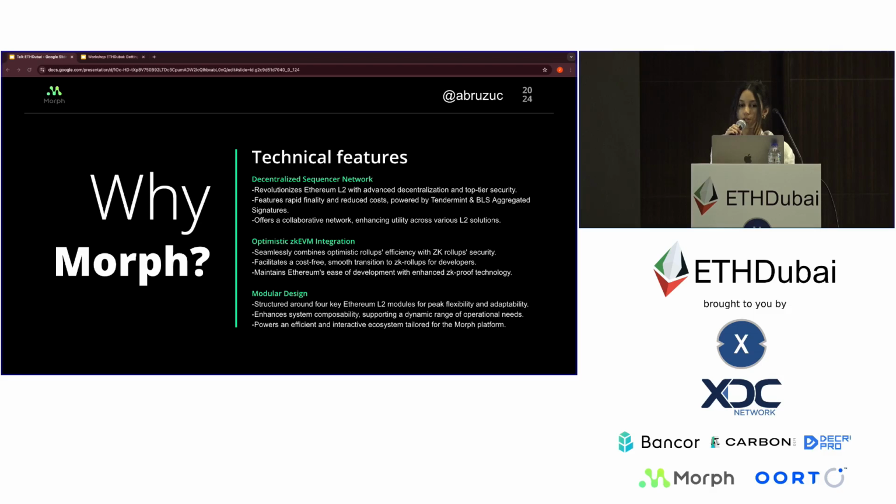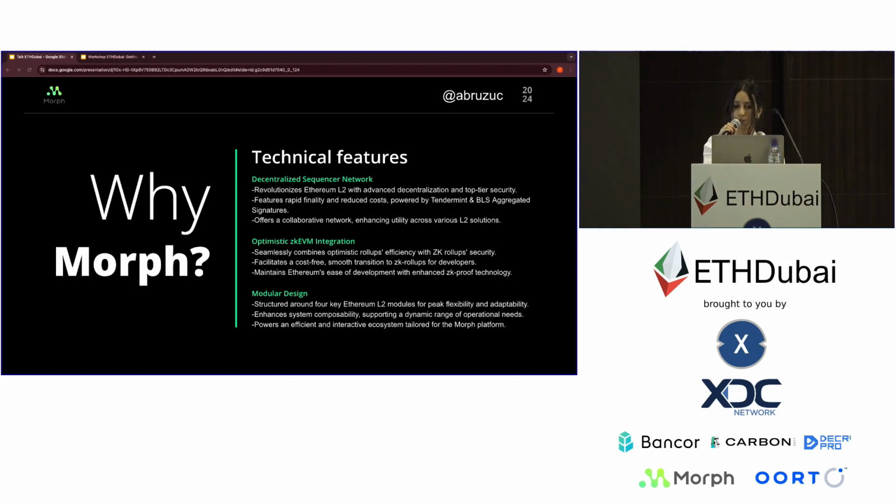Then we are also integrating optimistic zkEVM, which is responsible for state verification. It utilizes a hybrid approach, blending optimistic and ZK rollups. Layer 2 states are finalized after a significantly shorter challenge period and proved by a ZK proof.